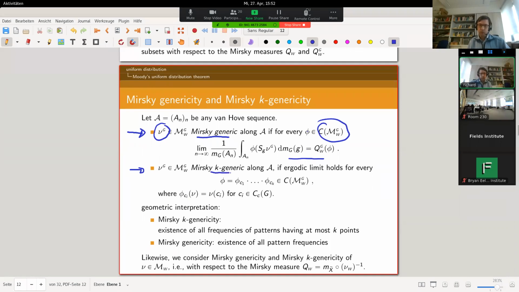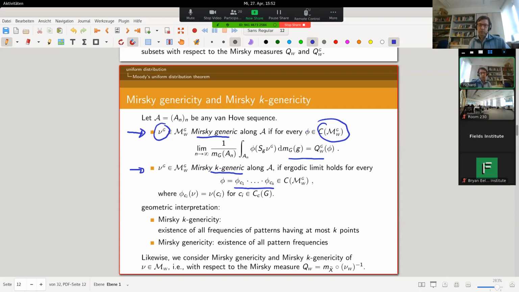And this also corresponds to these test functions we have seen before. So we require for K genericity not all continuous functions on the dynamical system, but only those of K-fold product type, where you have these evaluations which we had before.